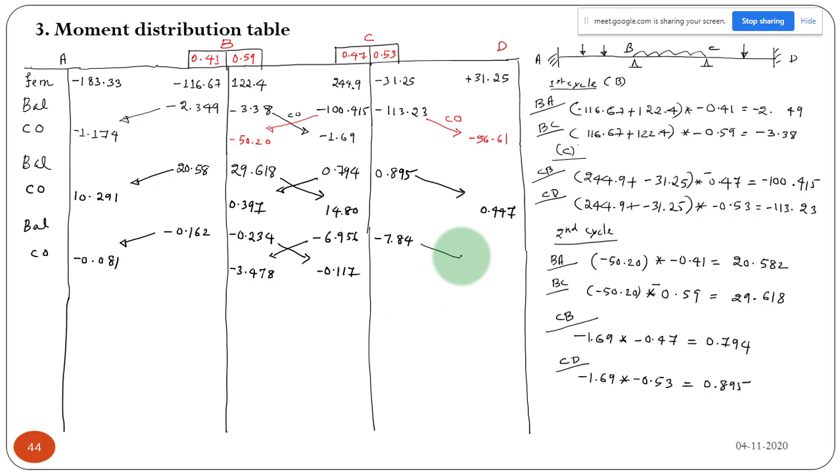So this is also carryover, all these are carryover. Okay, minus 7.84 by 2, you will get minus 3.92. See, again there is unbalanced moment that came due to carryover. So 0.39 I have balanced here, but additional moment came from the far end. So again you have to go for the next cycle. This you have to repeat until all these values become negligible.